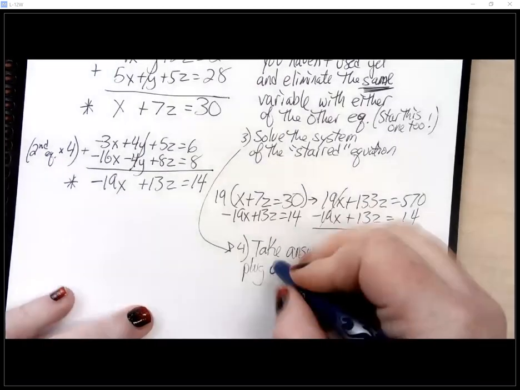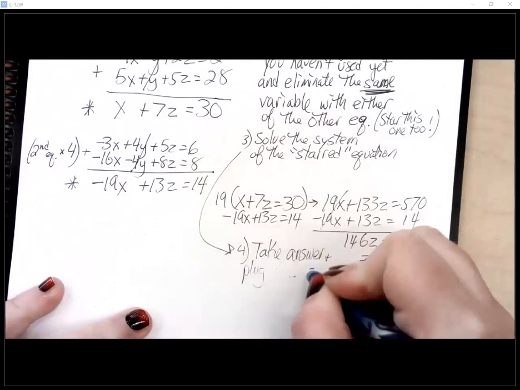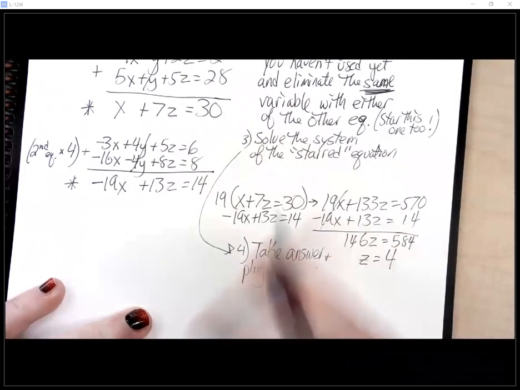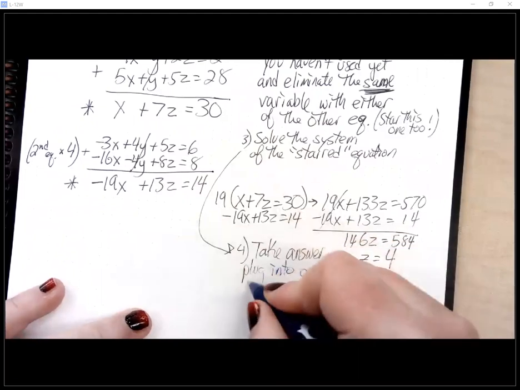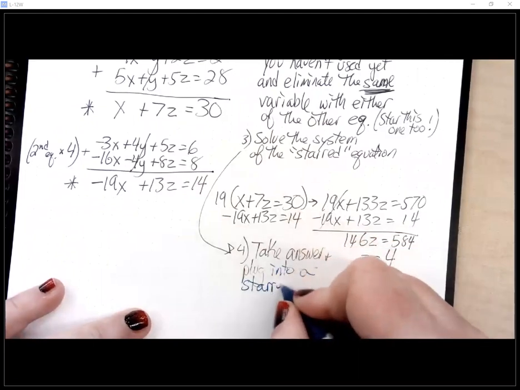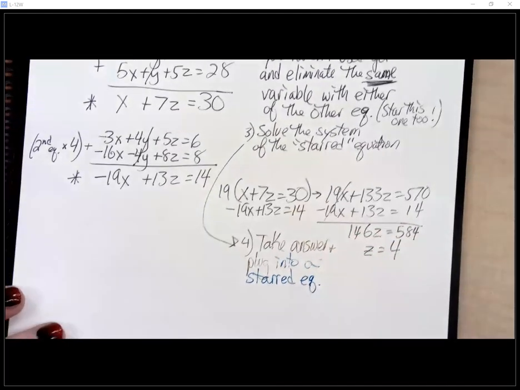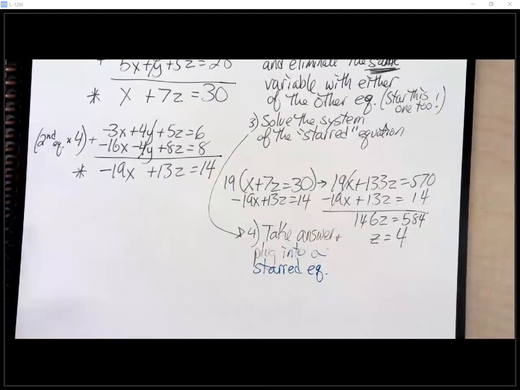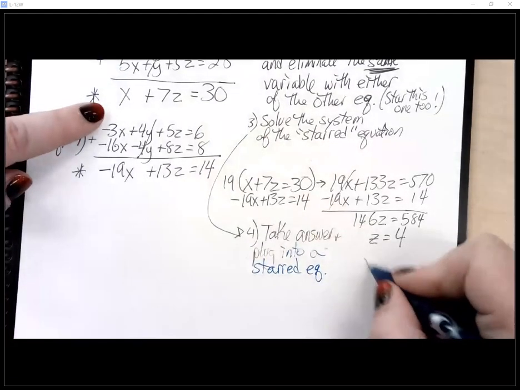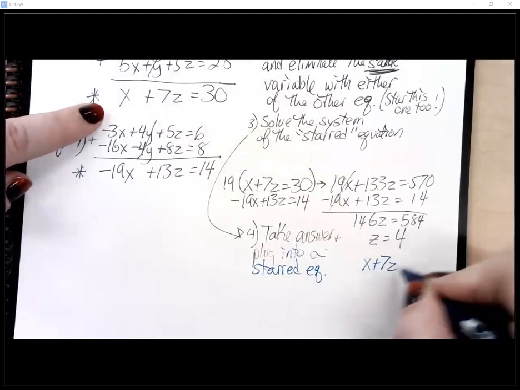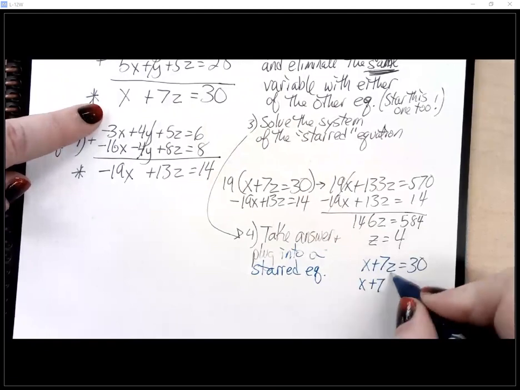I meant to write into. So I'm going to take my answer and I'm going to plug it into one of the 2 start equations. It doesn't even matter which one. I'll just do the X plus 7Z equals 30 because those numbers are smaller. Now that I know that Z is 4.